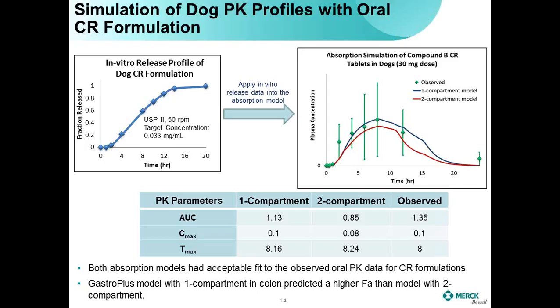The model with 1-compartment in colon predicted a higher FA than the 2-compartment model. But overall, the good fitting of the data brings us more confidence to extrapolate this model before we move on to predict the outcome in humans.